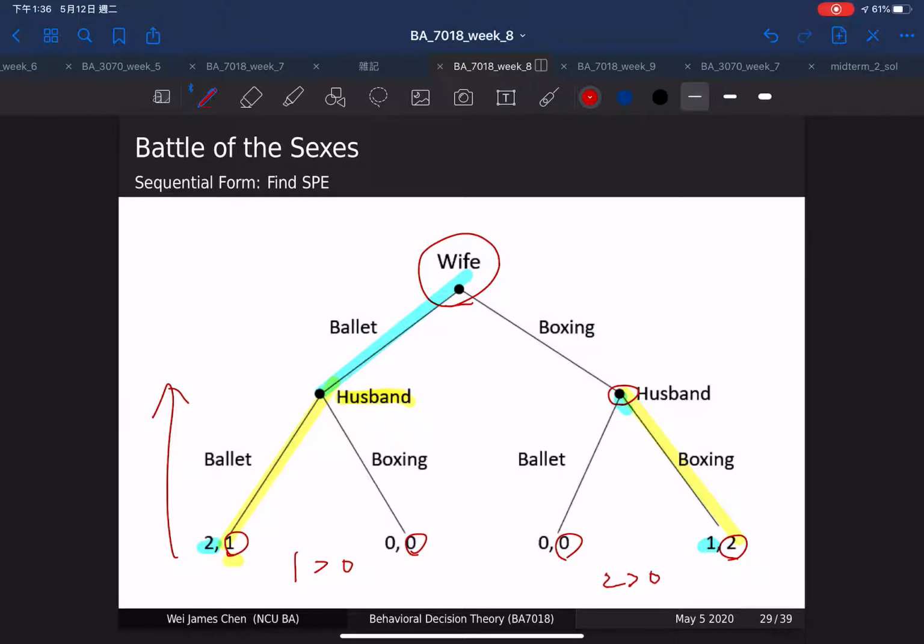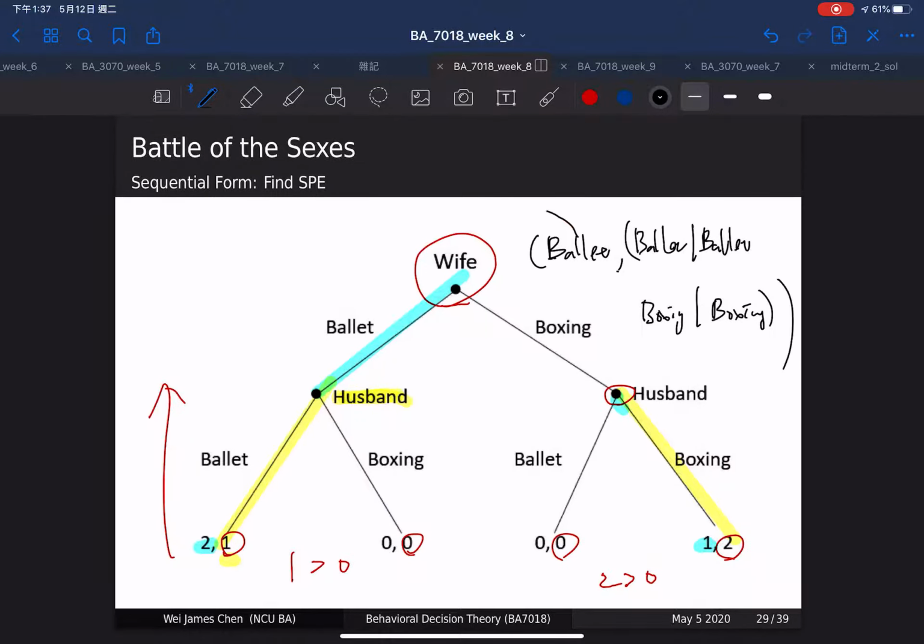So how do I write this SPE? The formal way is this: ballet, and then conditional on ballet, I will go to ballet; conditional on boxing, I will go to boxing.